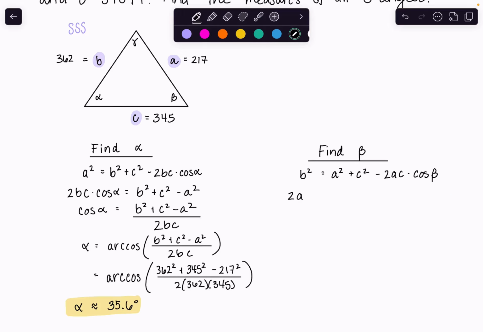So it swaps the two places of these things. And then we go ahead and divide by 2AC. And then we take cosine inverse.